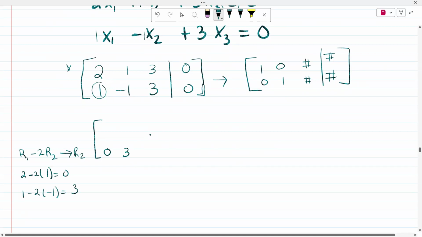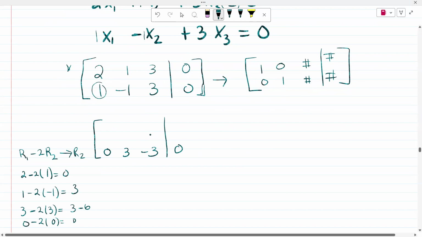And then continue. Third number in row 1 is 3 minus 2 times 3. That's 3 minus 6. 3 minus 6 is -3. Okay, straight line. And then last number in row 1 is 0 minus 2 times 0 is 0.